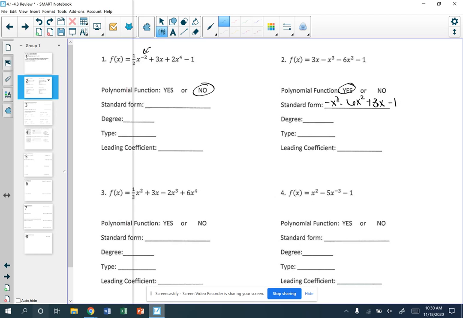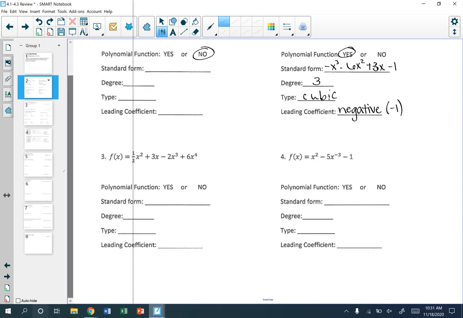Then we can take a look at the degree, which here is 3, meaning this is a cubic function. And our leading coefficient here is negative, or you can put negative 1, because our leading coefficient is negative 1.